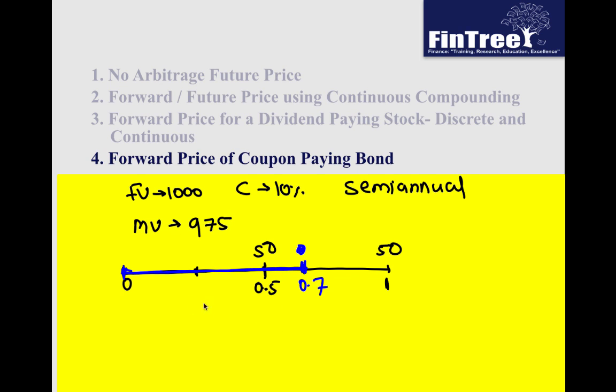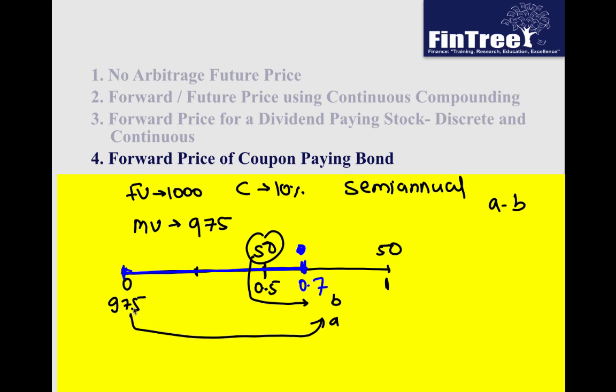So how will we do it? Exactly the same mechanism. The current price given to us is 975, so we take this 975 forwards. In the same fashion, we take this 50 forwards for 0.2 years. If this is A and this is B, your final answer is going to be A minus B. So let us find the future value of 975. Second clear TVM, 975 is the present value.